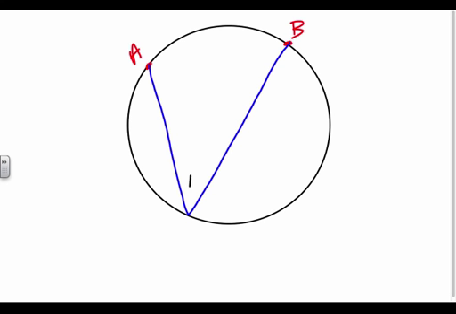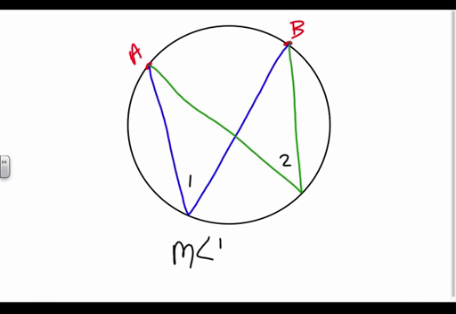And let's draw another inscribed angle, but I'm going to have this guy touch right here. And we'll call this angle 2. What do you think you could say about measure of angle 1 and measure of angle 2? Obviously, I don't know their value. I don't know if they're like 40 or 50 or anything like that. But can I state anything about them?